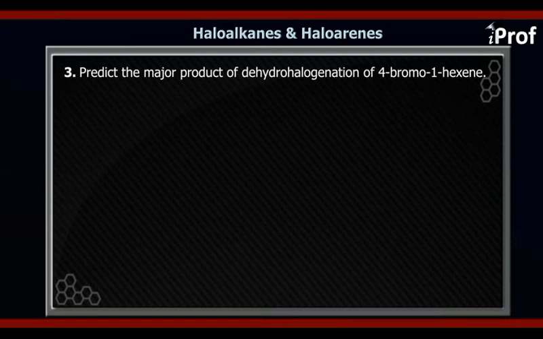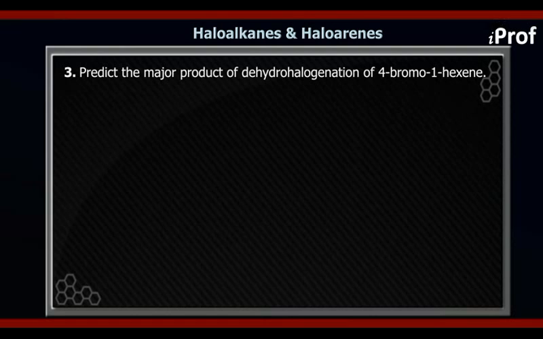So now we have to think first of all whether E1 will take place or E2 will take place. In this case, as it is not given what the base is, we cannot decide easily whether it will undergo E1 mechanism or E2 mechanism.